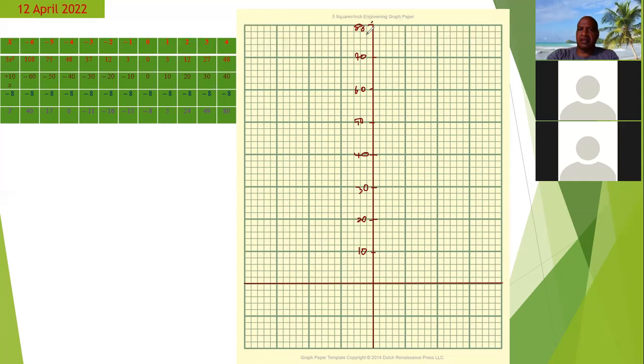All right, so there we go. So our y would be up there, positive y. We'll have 0 here, and we are going down negative 10. And then our last value down here would be negative 20.